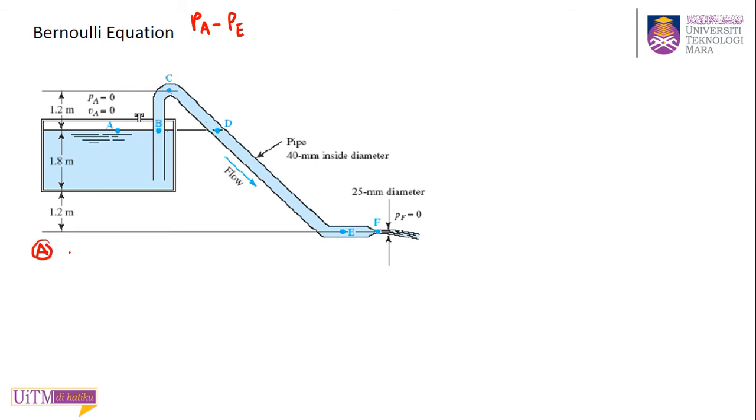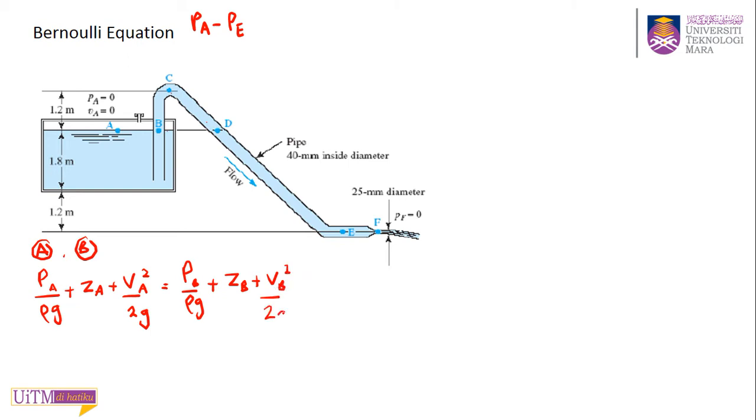Again you need to write your Bernoulli equation because you want to find the pressure. PA over rho G plus ZA plus VA squared over 2G equals PB over rho G plus ZB plus VB squared over 2G.